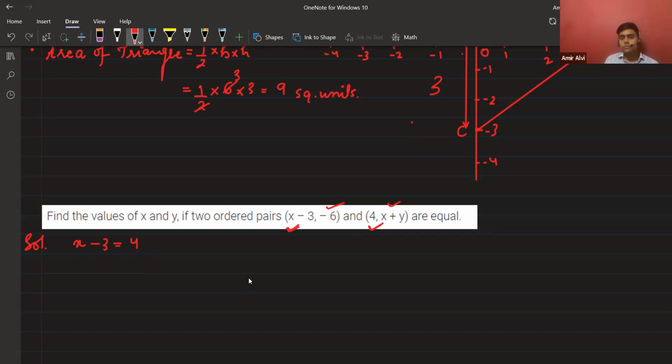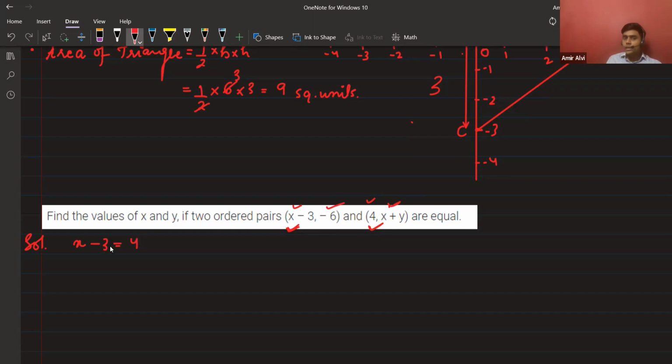So whenever the two pairs are equal, we can equate the coordinates of those ordered pairs. We can only equate x-axis to x-axis, y-axis to y-axis. Got it? So here x minus 3 is the x-axis in this term, 4 is the x-axis.